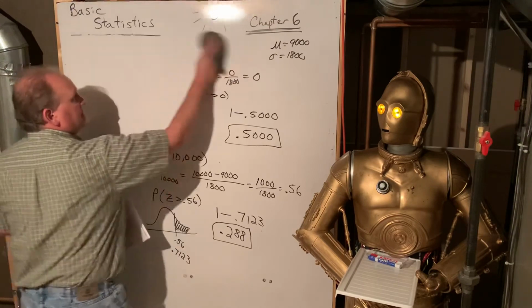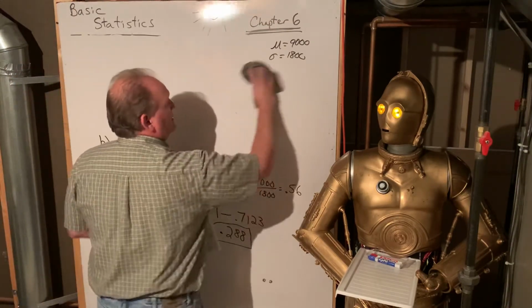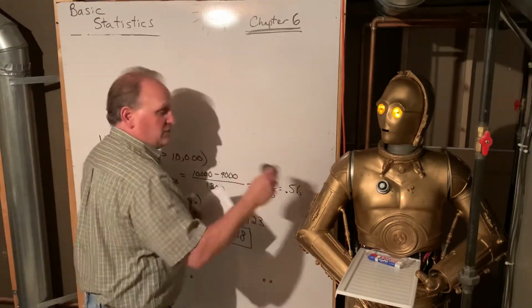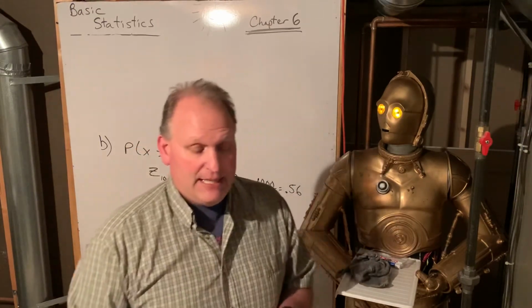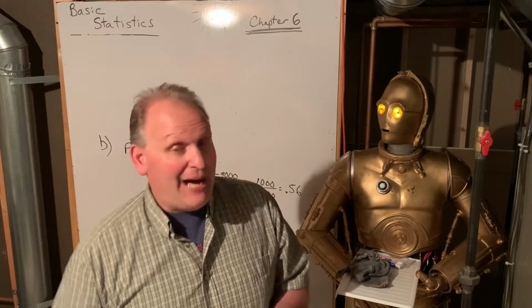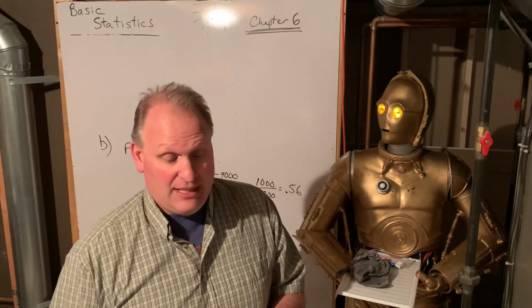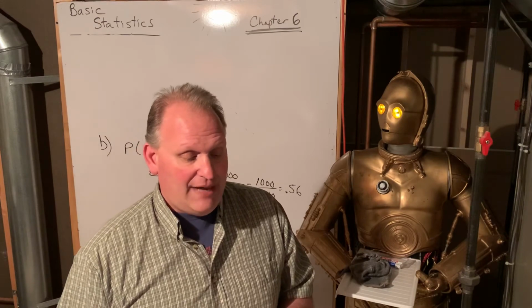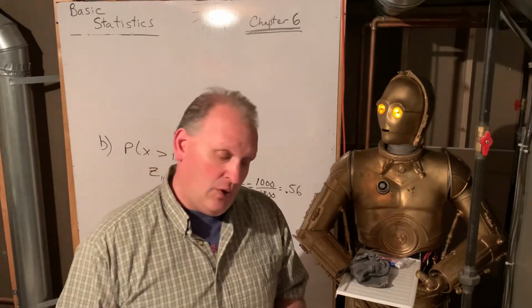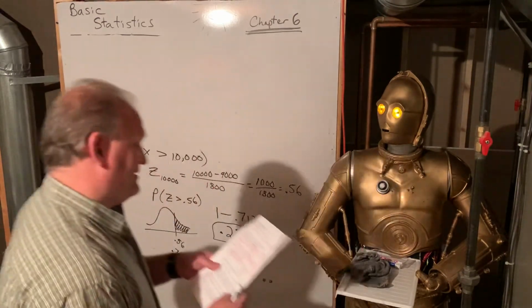So let's work backwards. So they gave us a backwards one again for letter C. If the daycare advertised it was in the bottom 10% of all daycares for cost, how much would they have to be charging, from what and lower? And so let's take a look at that.